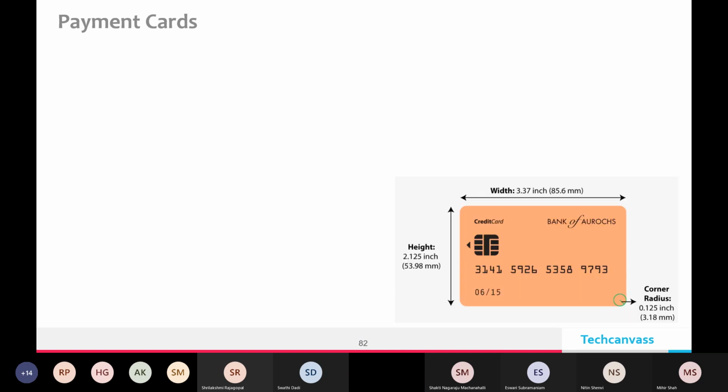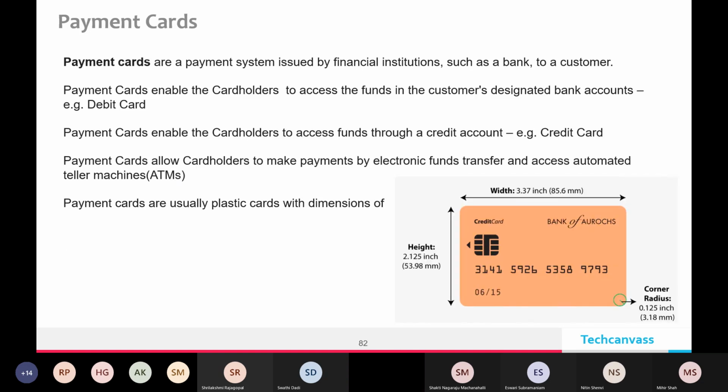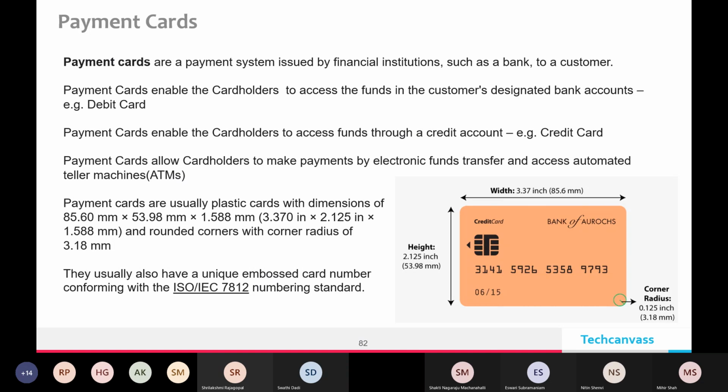And there is a standard size for all the payment cards. It is 3.37 inches in width and 2.125 inches in length. Okay, length and width definition is different.